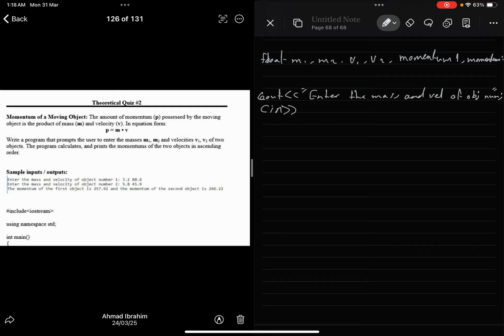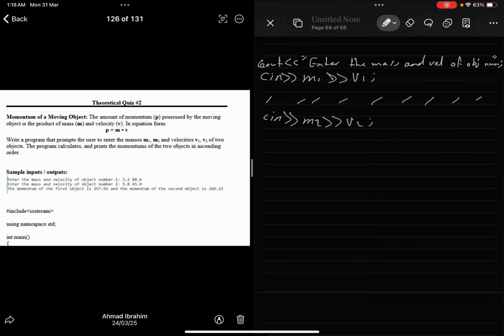So cin, here we have m1 and v1, and also for m2 and v2.